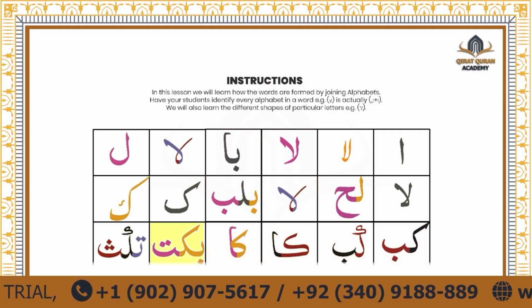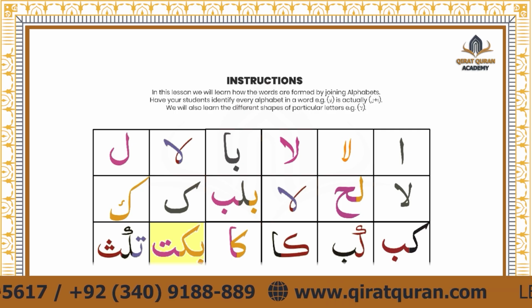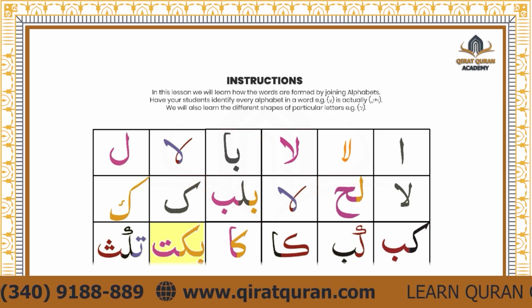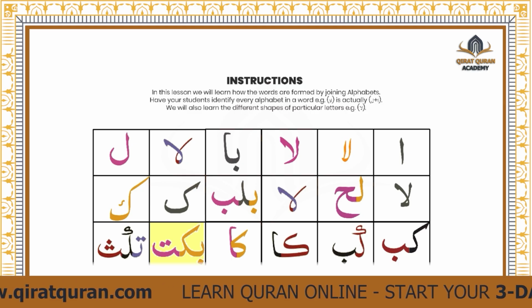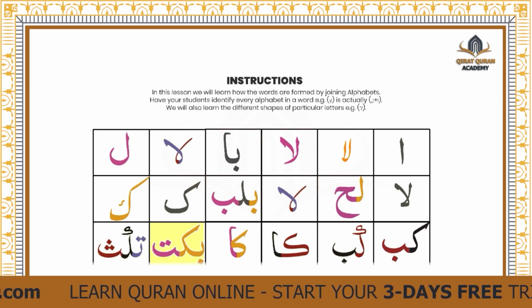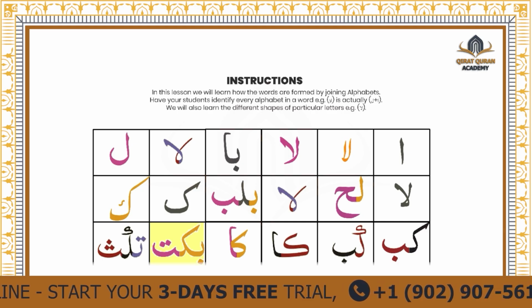Then the next three letters. The first letter has a dot at the bottom, and we already know that ba has a dot at the bottom, so this one is ba. And then the second one, this line shows that this is kaf.